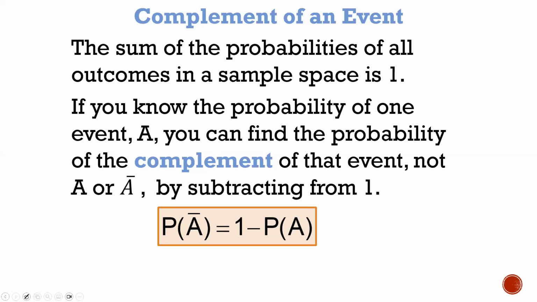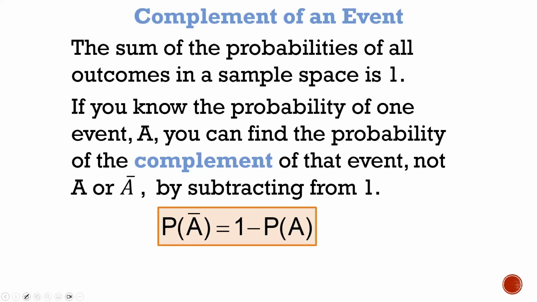The complement of that would be all of tomorrow, it never rains on whatever spot I'm choosing. So if the probability, roughly speaking, of rain is 30%, the probability of not rain is 70%. As a decimal, 1 minus 0.3 is 0.7. So the probability of a complement is just 1 minus the probability of the event.